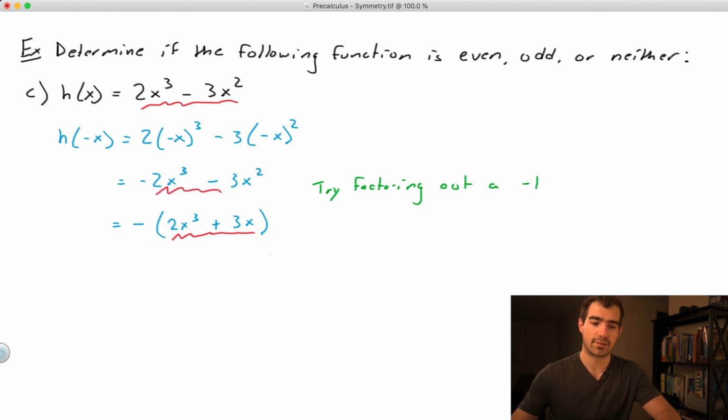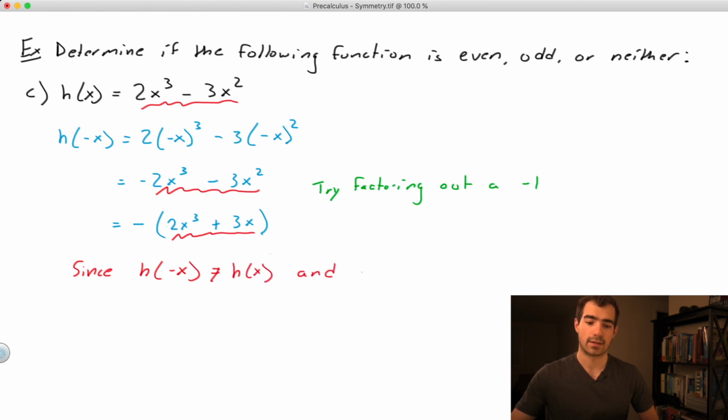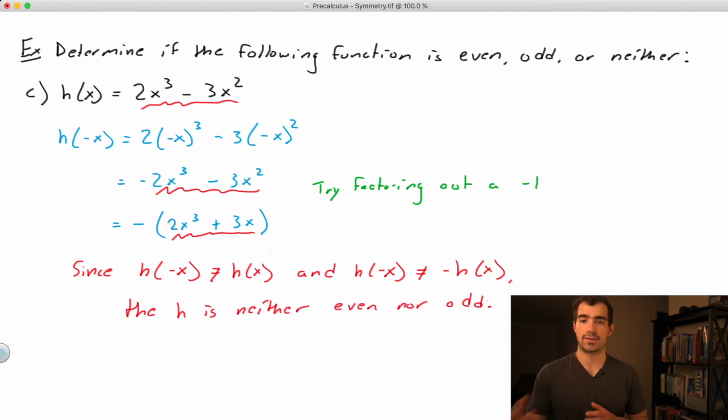And this doesn't quite equal this either. So in neither of these cases do we have h of negative x equal to h of x or negative h of x, right? So since h of negative x does not equal h of x, and h of negative x does not equal negative h of x, then h is neither even nor odd. And so this function doesn't have either of those symmetries.